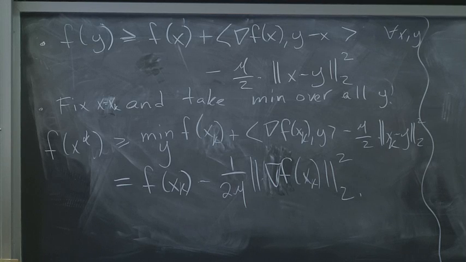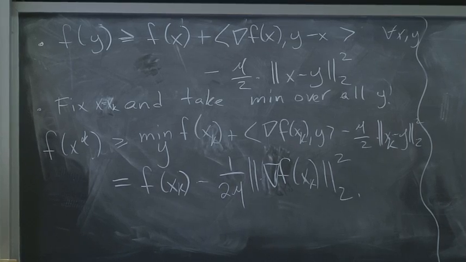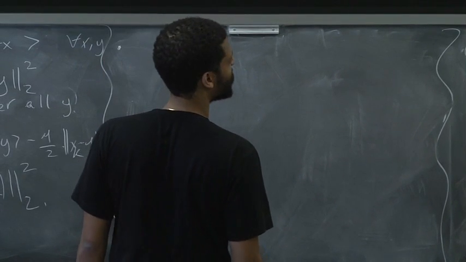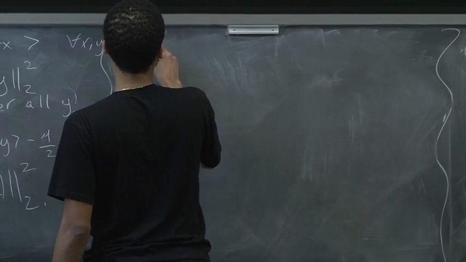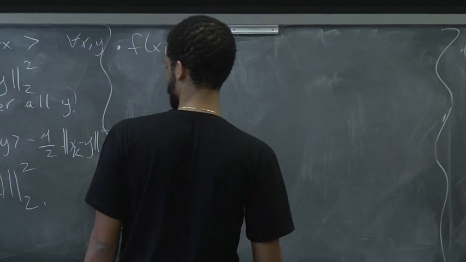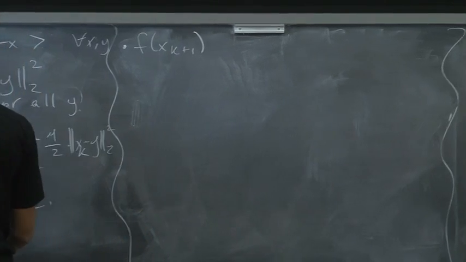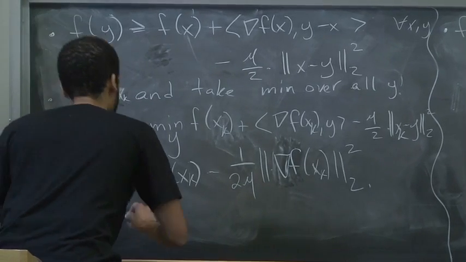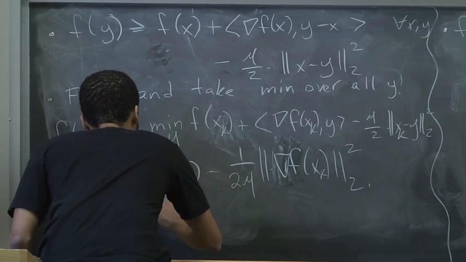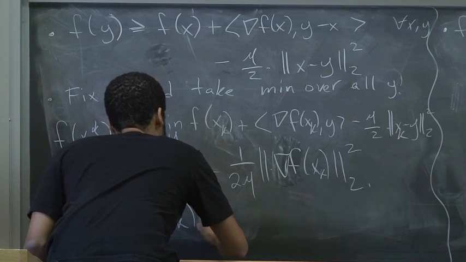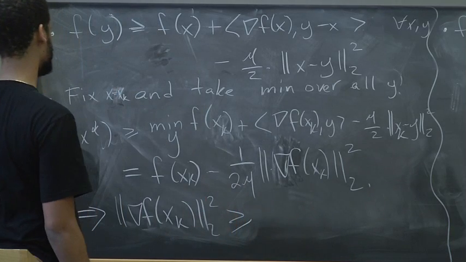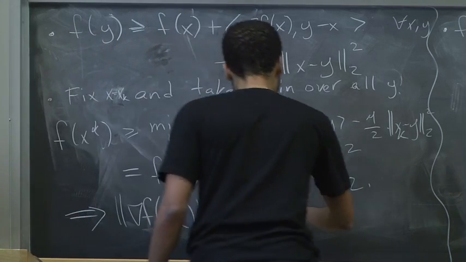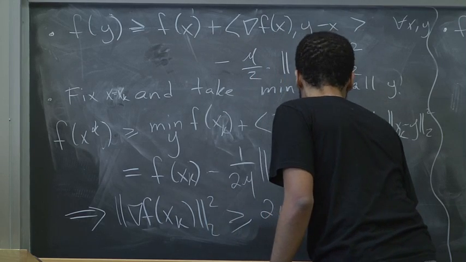Okay. So now I want to combine these things. So what do I know? Let me actually bring this thing over here, and let me just say that this implies that the squared norm of the gradient is at least 2 mu times f of xk minus f of x star.